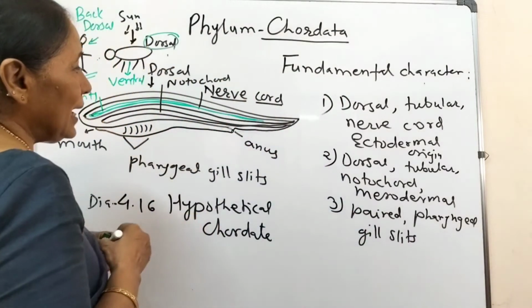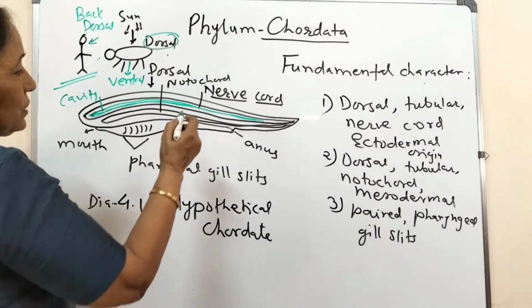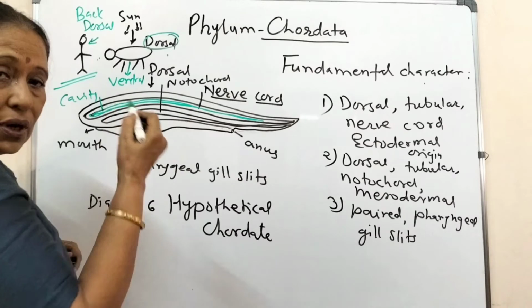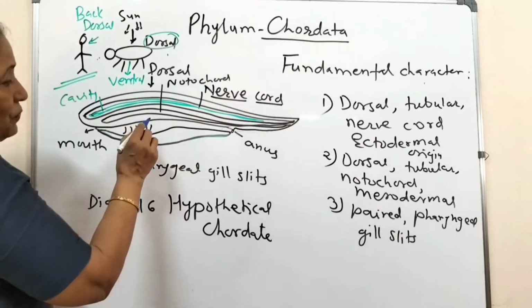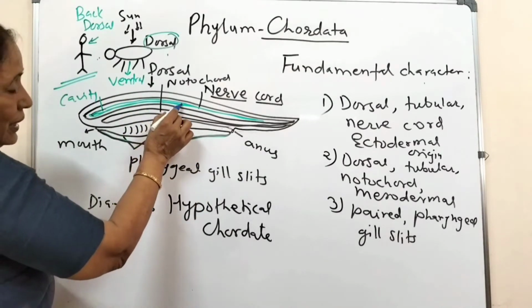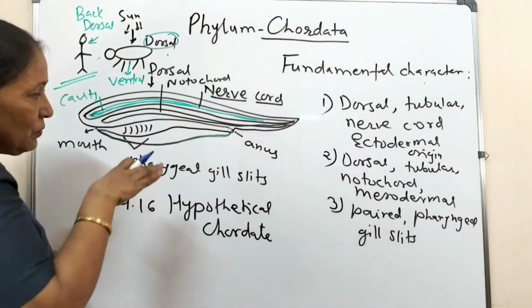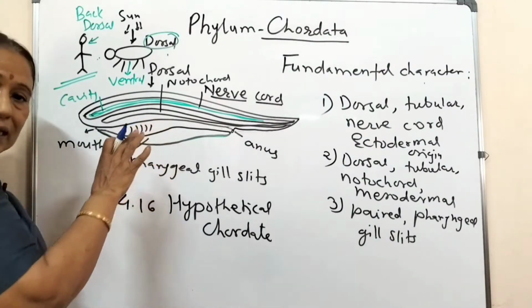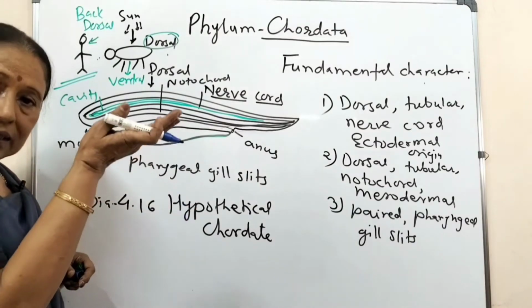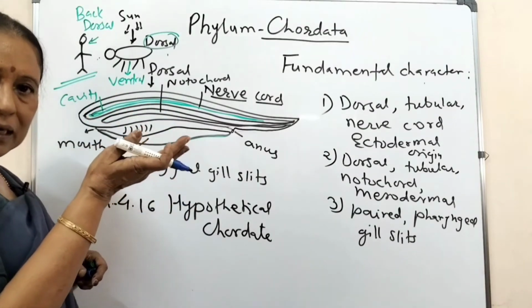Thus you see that when we say nerve cord is dorsal and notochord is also dorsal, with respect to the nerve cord, the notochord is present below it. With respect to the alimentary canal, it is present above the alimentary canal.